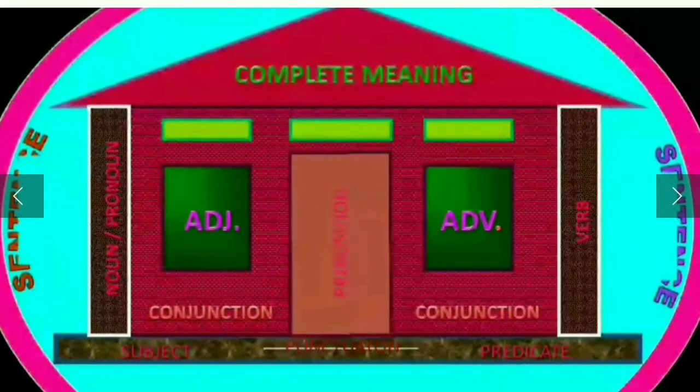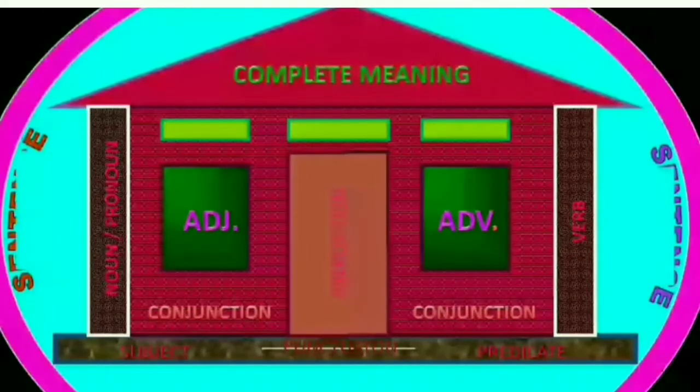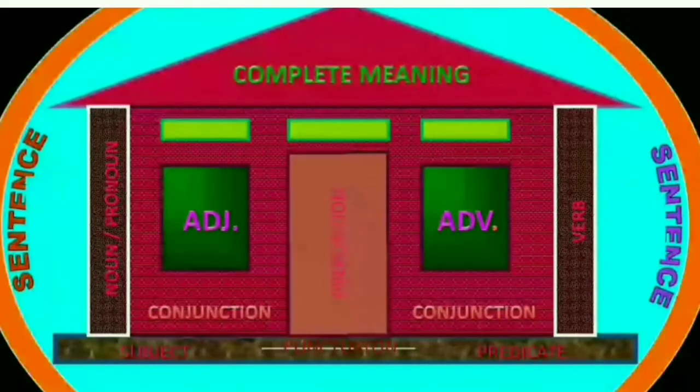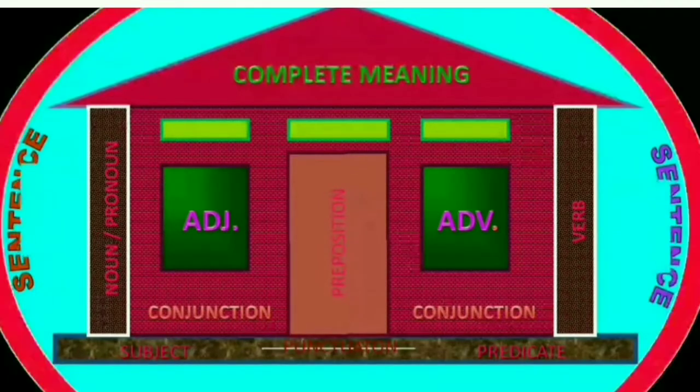Here we can compare the subject and predicate as the base of our English grammar, noun and pronoun and verb as our pillars, adjective and adverb as windows as they add something more to noun, pronoun or verb.